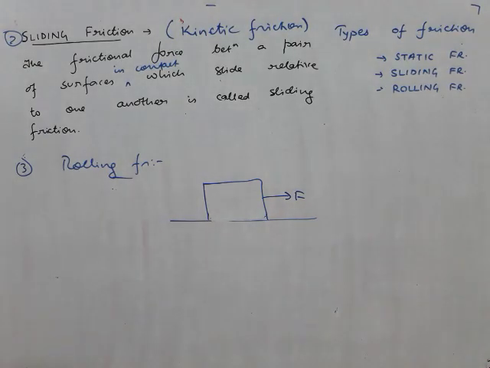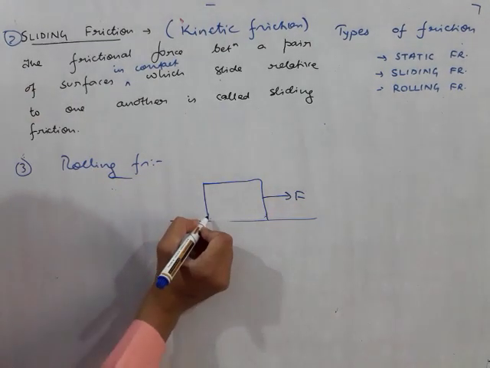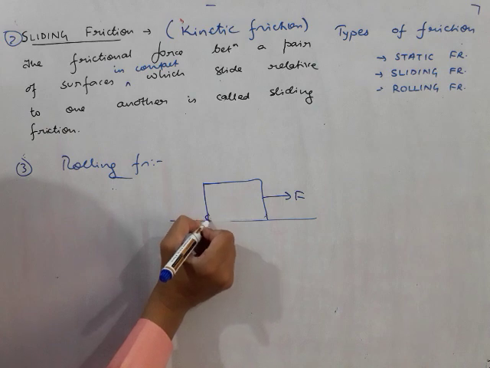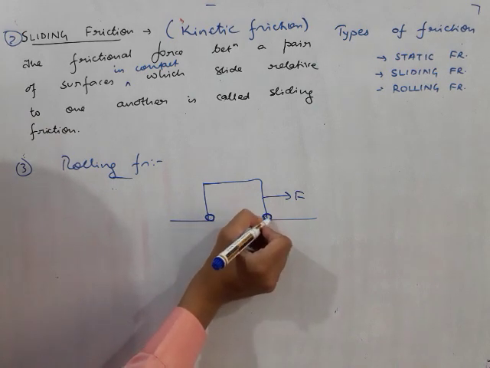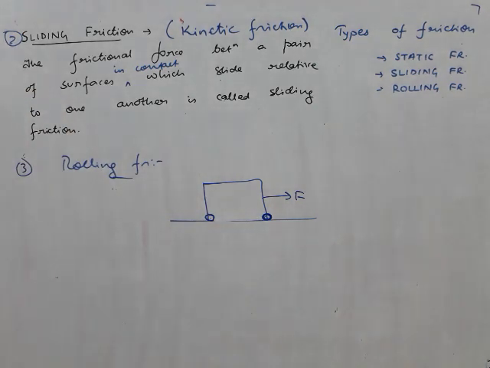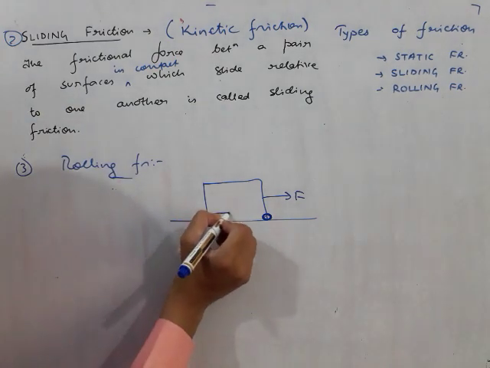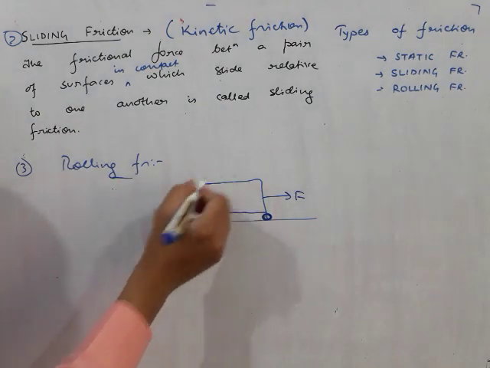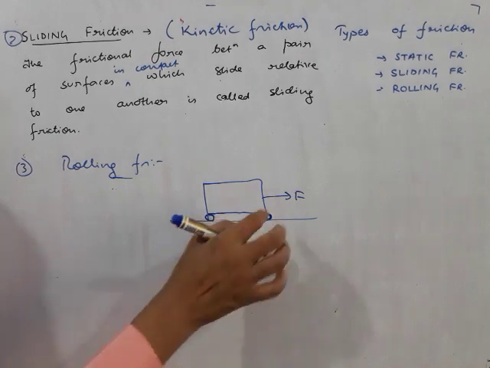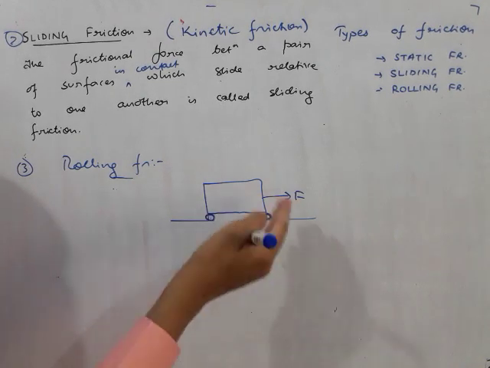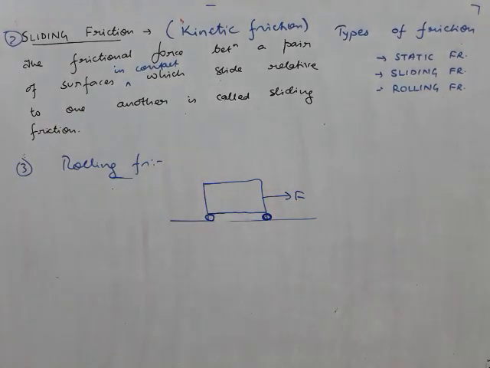You will find if the table is heavy, you will have to apply a large amount of force to make it slide. But if at the bottom of the table we put some wheels, or if there is any object fitted with wheels, then the force which you have to apply becomes very less.